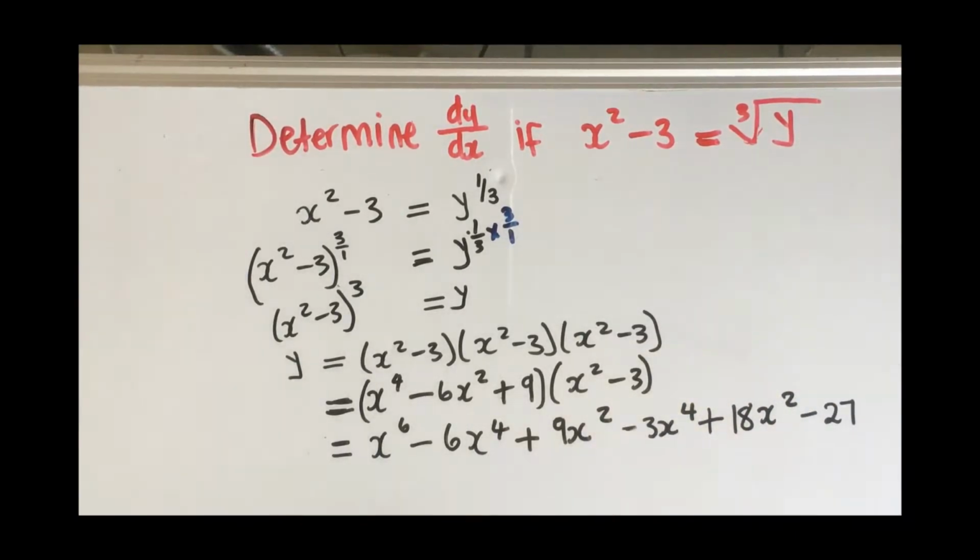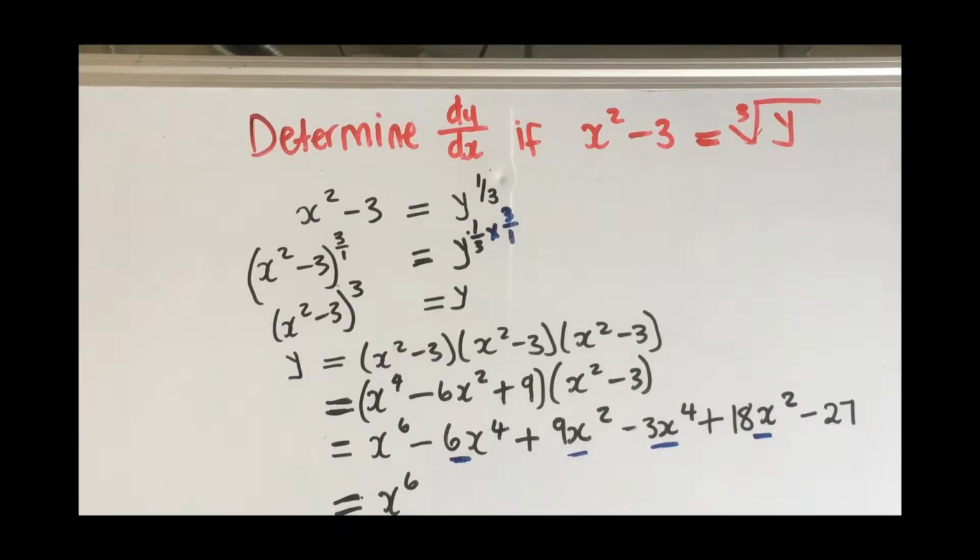So what we have is x to the power of 6, and then the like terms, you can see this one matches that one, to the power of 4, and this one matches that one, to the power of 2.